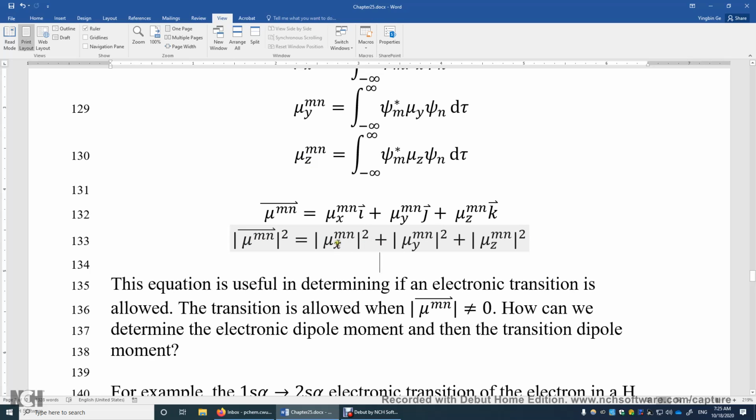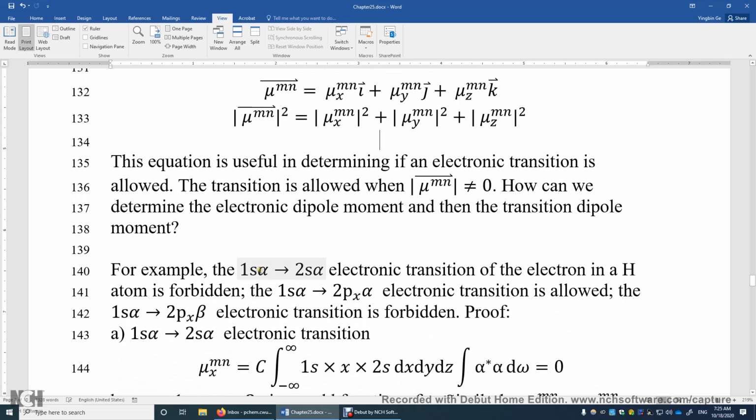If mu x mn, mu y mn, and mu z mn are all 0, when all 3 are 0, then we conclude this transition dipole moment vector is 0, the transition probability is 0, the transition is forbidden. If any one of the 3 components is non-zero, then we have a non-zero vector here. That means the electronic transition is probable.